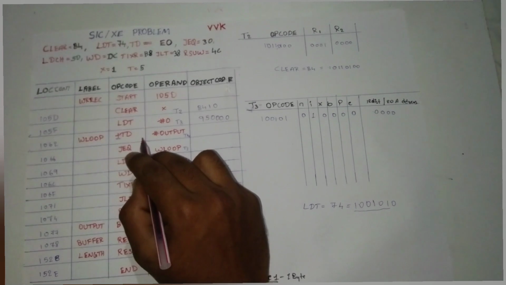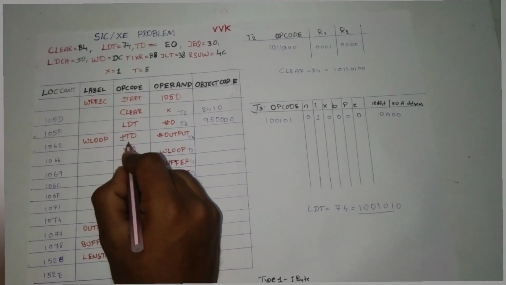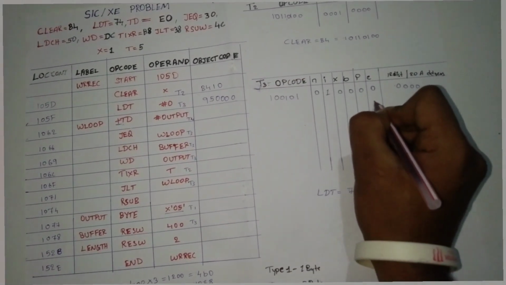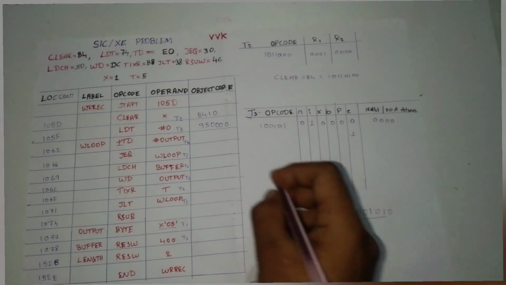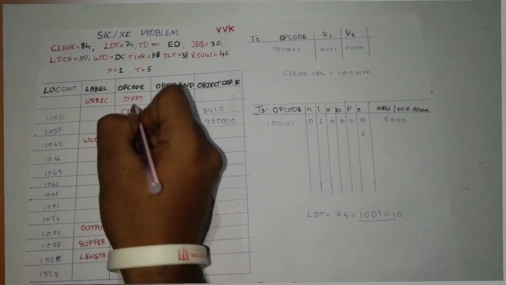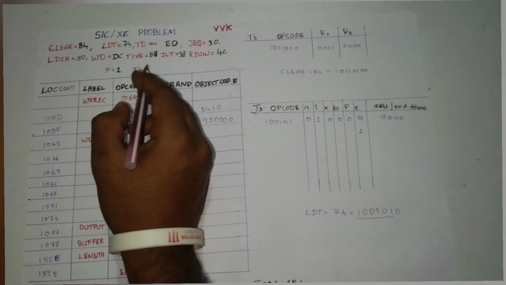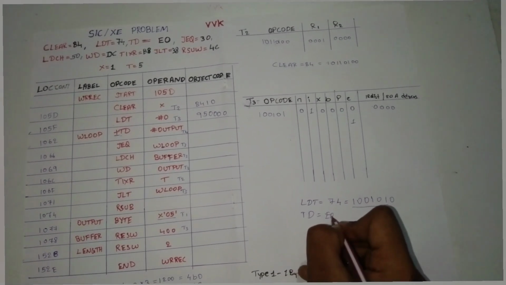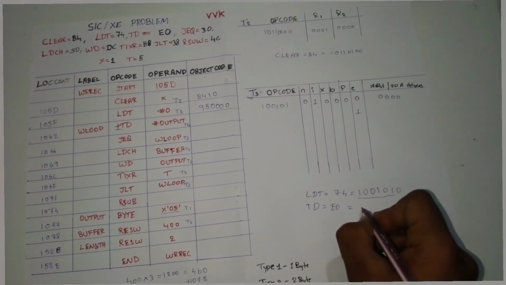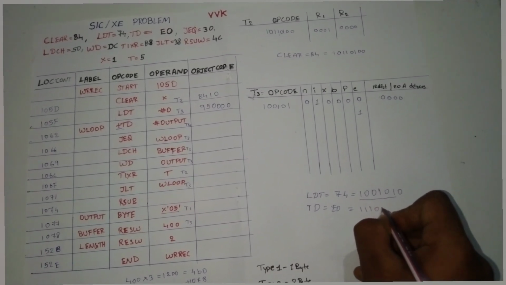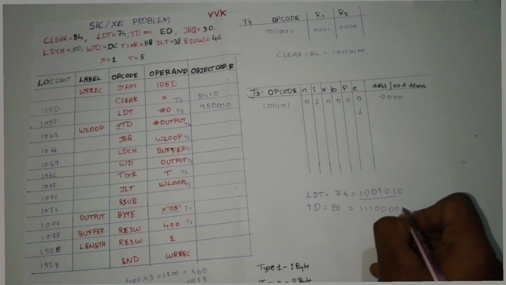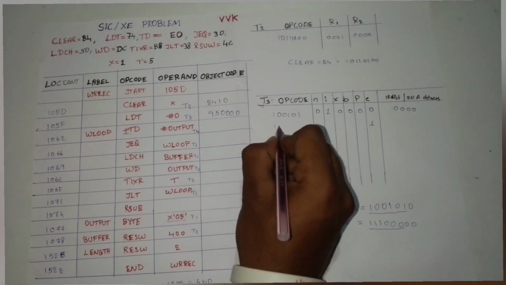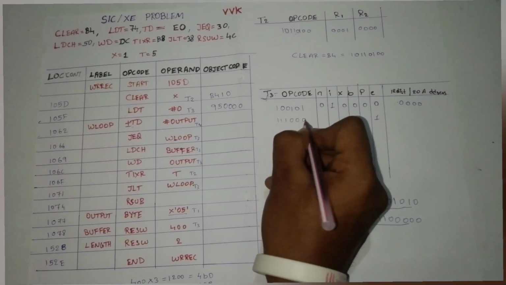Next we are moving to the TD instruction. Here you can see a plus has been used, so it is type 4. So take e as 1. The numeric value of TD is given as E0. The binary value of E0 is 11100000. The first 6 bits we have to consider are 111000.